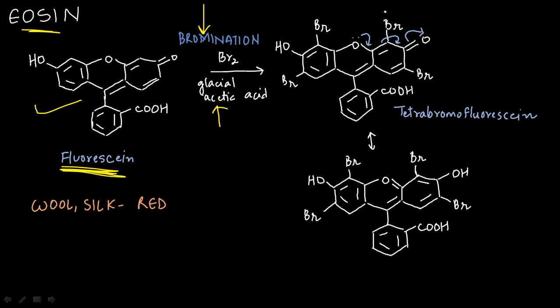Four bromine atoms are added, so it is tetra. Tetra means 4. So this is tetrabromofluorescein, and this is a quinoid form.